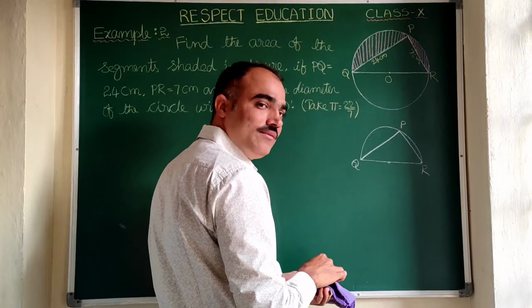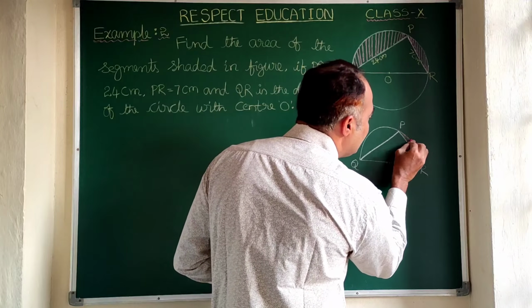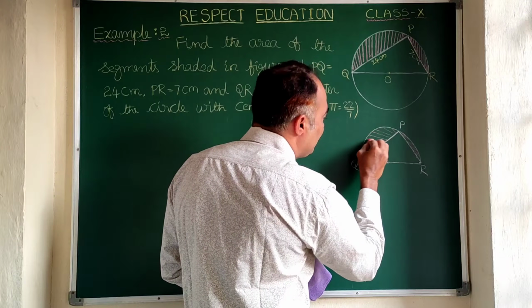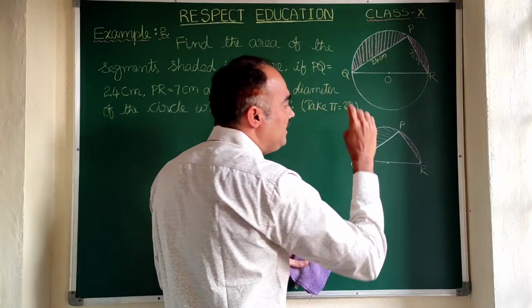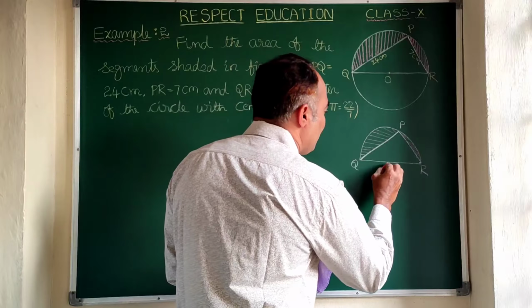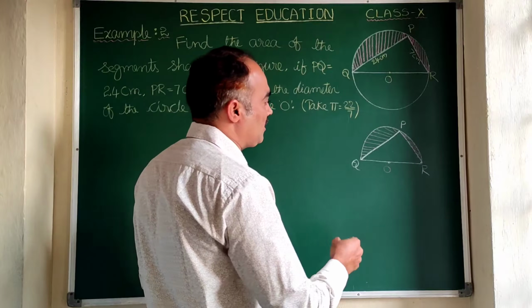If we subtract the area of triangle PQR, then this portion and this portion, so we are able to find the area of the required shaded segments. Now here let us start the problem.